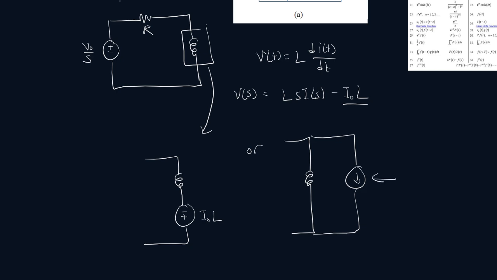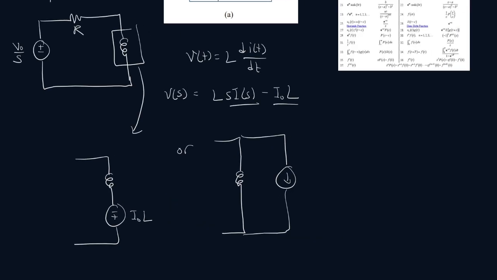And if you wanted to go through this route instead, where you use a current source, you pretty much have to isolate for this I of S. So it'll be V of S plus IO of L all over SL is equal to I of S. Break this up.